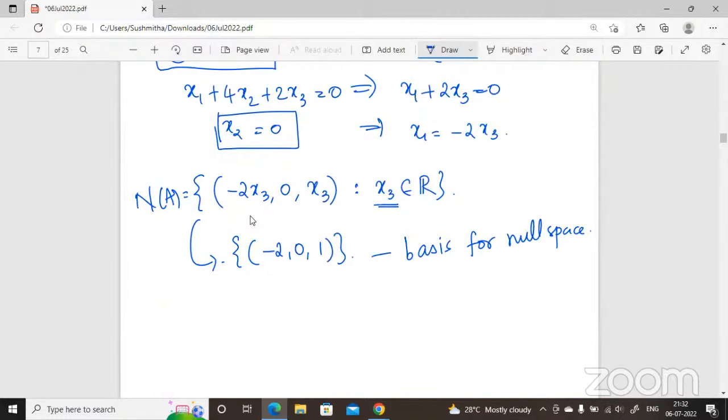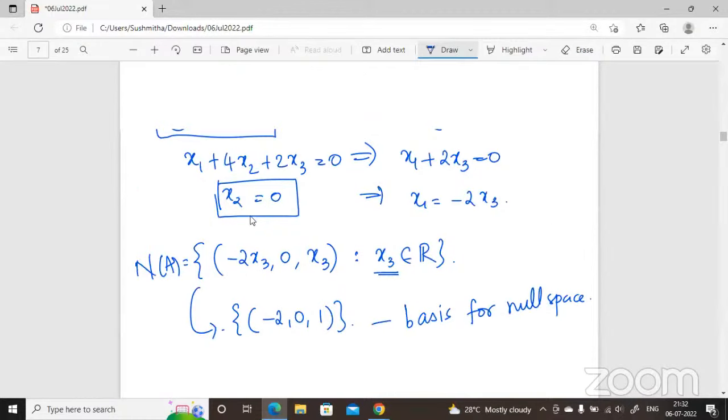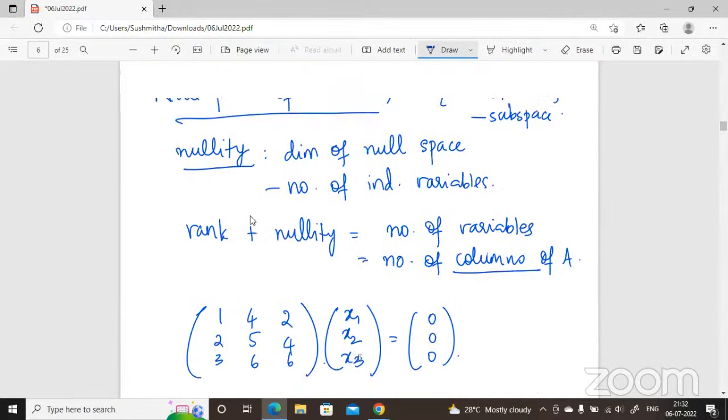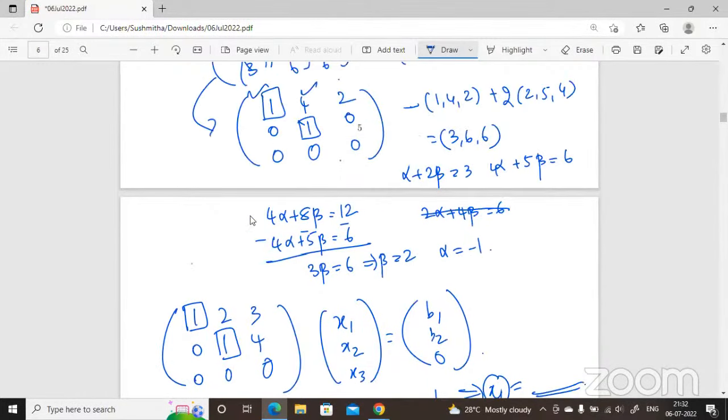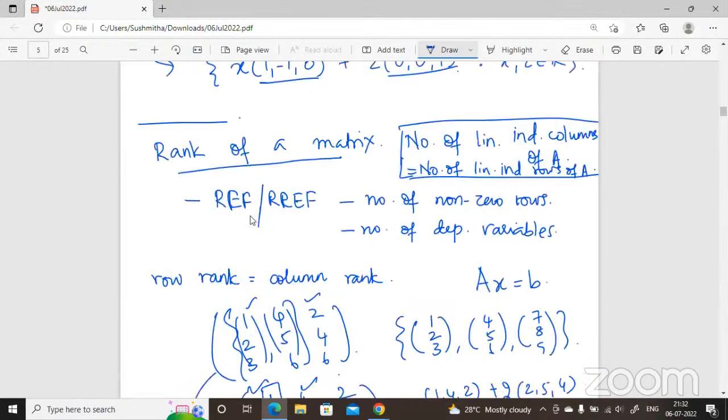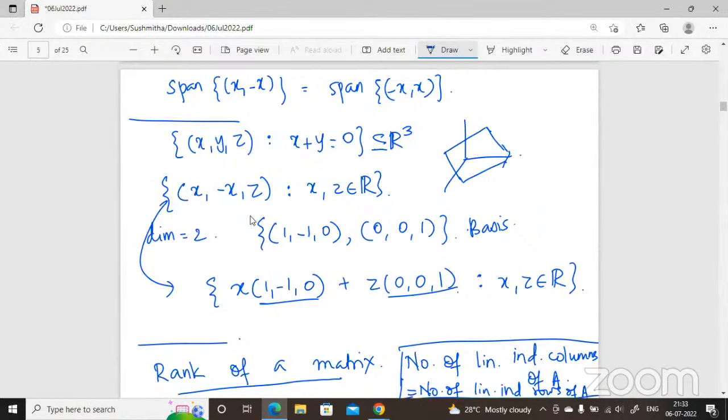When we were working on the earlier problem, we wrote the same thing and we said it is basis for the subspace itself, isn't it? Yeah, because we were considering a subspace there. Here we were considering the null space, which is also a subspace. So both are the same? No, can't be, right? No, null space is a special kind of a subspace, that's all.